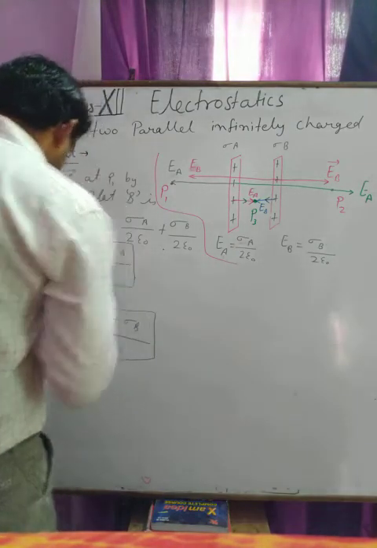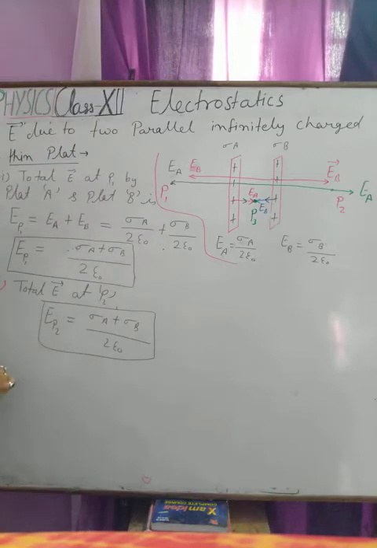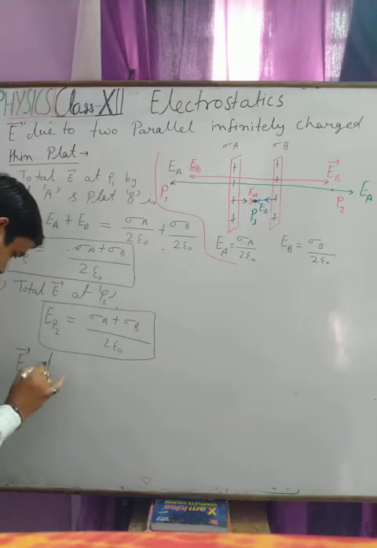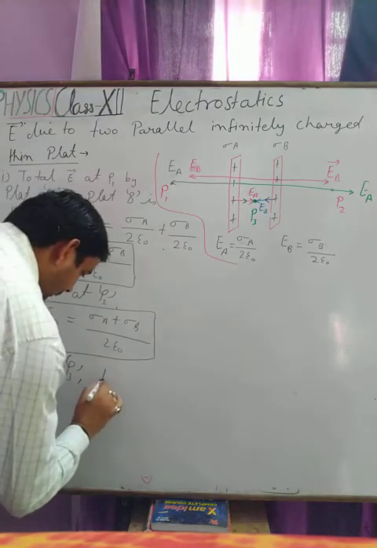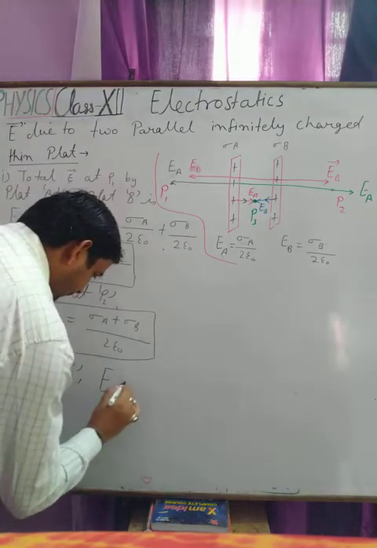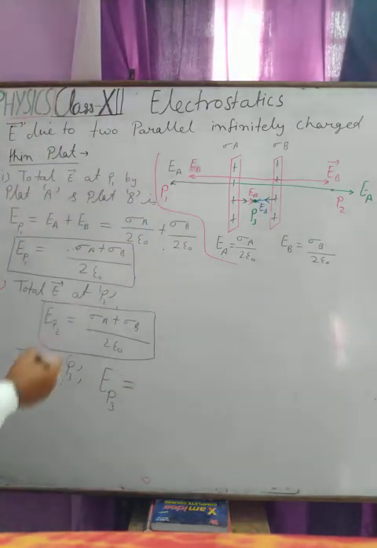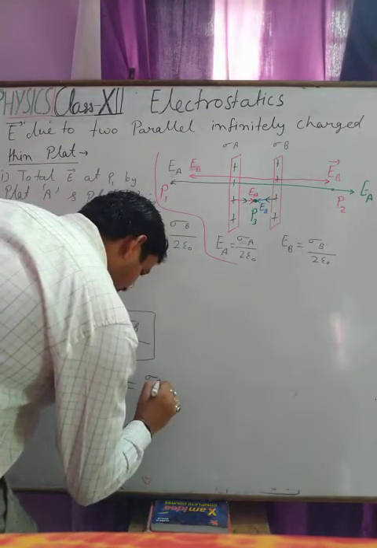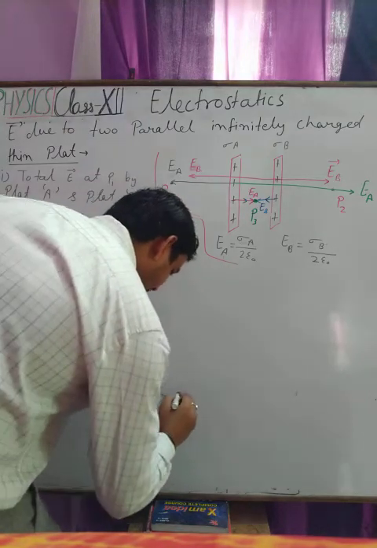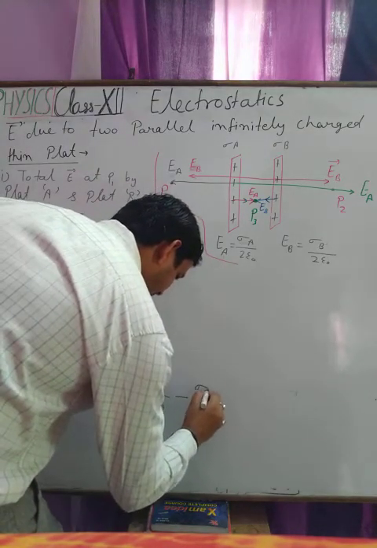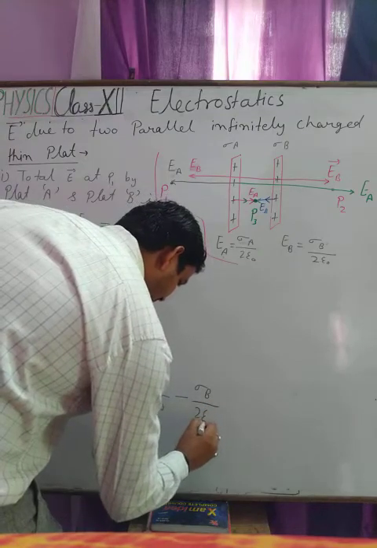So in the third case, electric field at P3, EP3, is equal to sigma A upon 2 epsilon naught minus sigma B upon 2 epsilon naught.